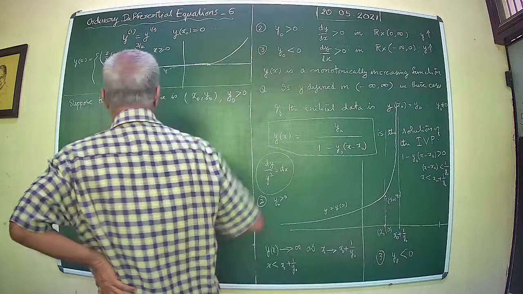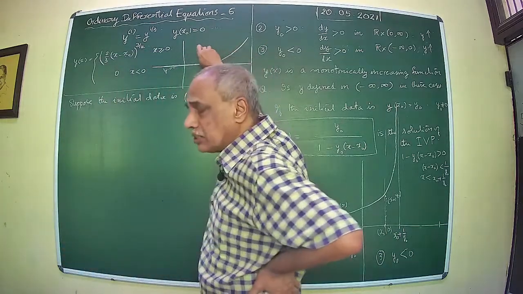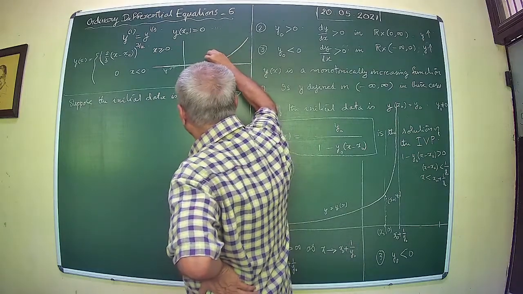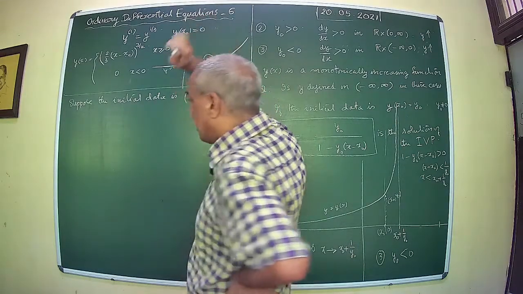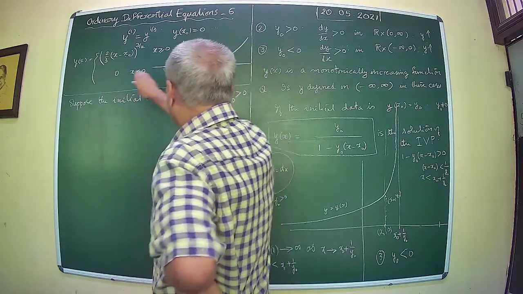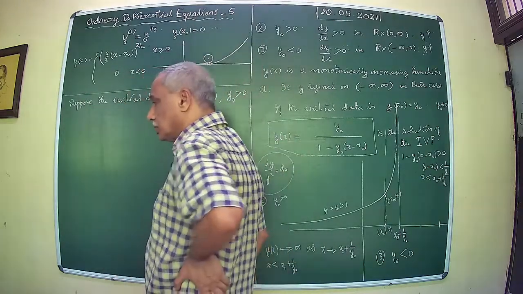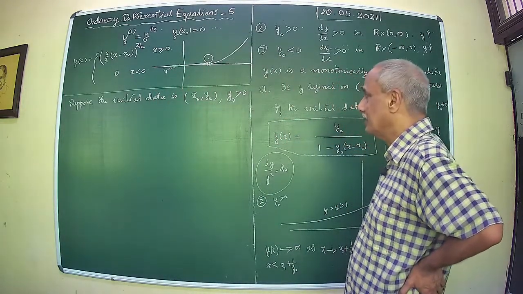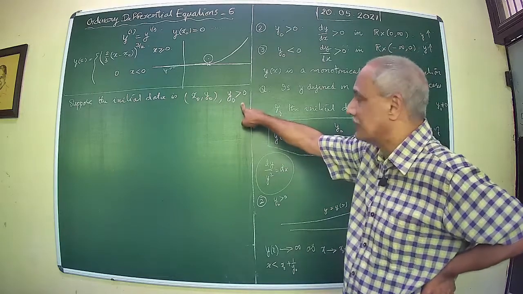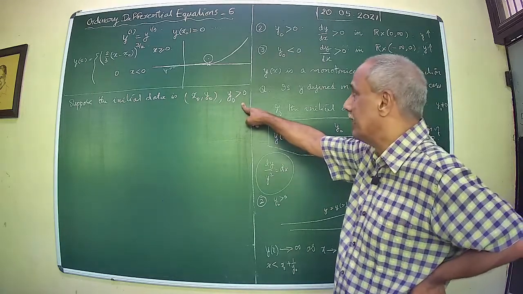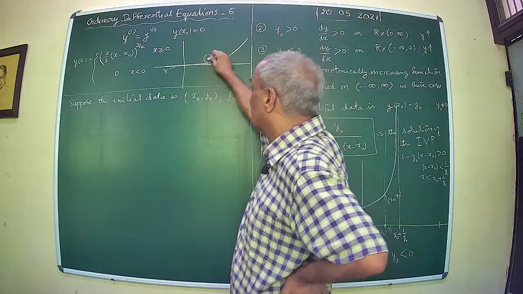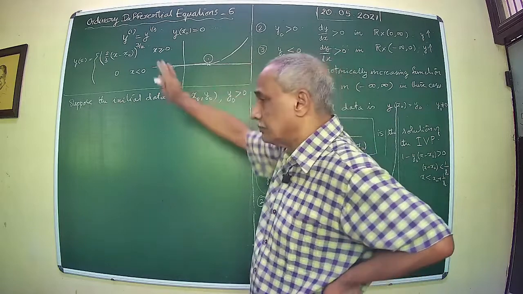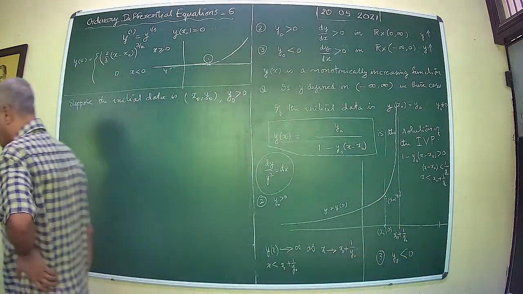Then no matter how close the point (x naught, y naught) is, you can find a neighborhood which is lying in the upper half plane, which does not have any part of the line y equal to 0 in it. Okay, right? As long as this condition is satisfied, there exists a neighborhood of the point (x naught, y naught) which lies in the upper half plane, and no part of the line y equal to 0 is in it.